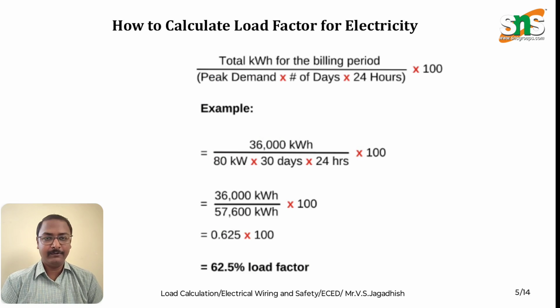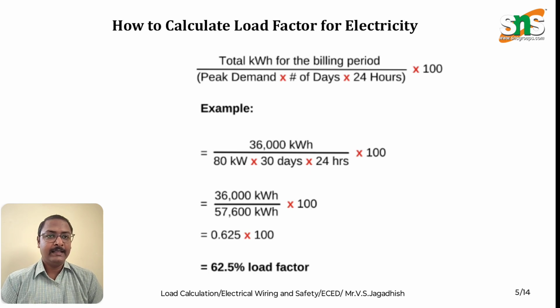To calculate the load factor for electricity, it is the ratio of total kilowatt hour for the billing period, divided by peak demand times number of days times 24 hours, times 100.